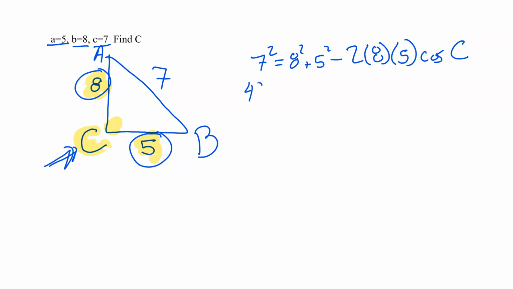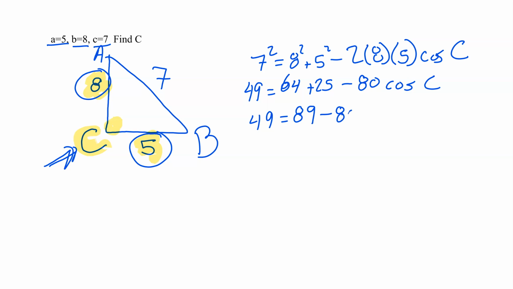So if we work out the math on this, it's 64 plus 25. So we have 49 equals, let's see, what is that? 89. Solve for cosine of angle C. Which gives me 49.